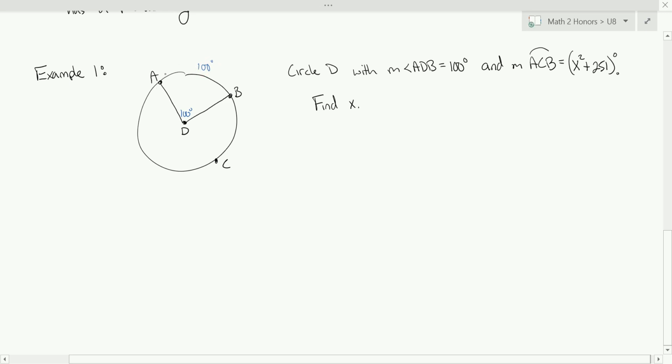So if the minor arc is 100 degrees, what would the major arc be? 260, right? Because they're going to both add up to 360 degrees. Okay. Wonder what we call that. So like two angles that add up to 90 is complementary, right? Two angles that add up to 180 is supplementary. What's two angles that add up to 360?